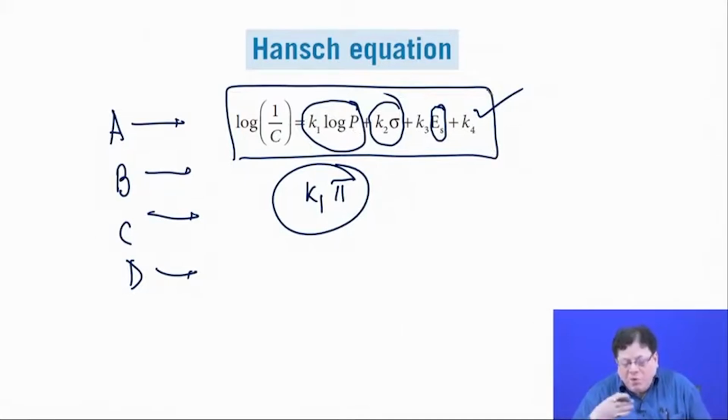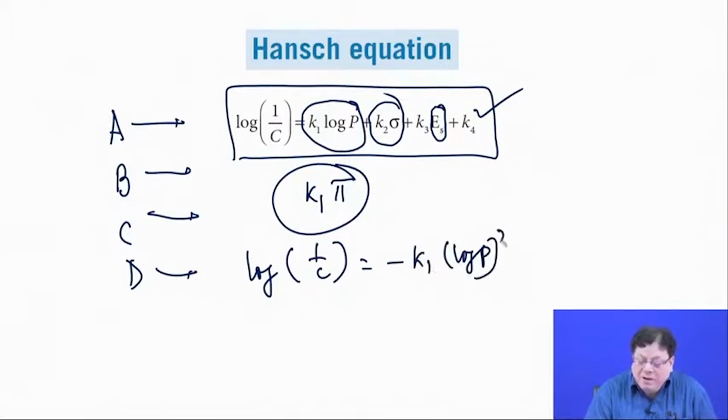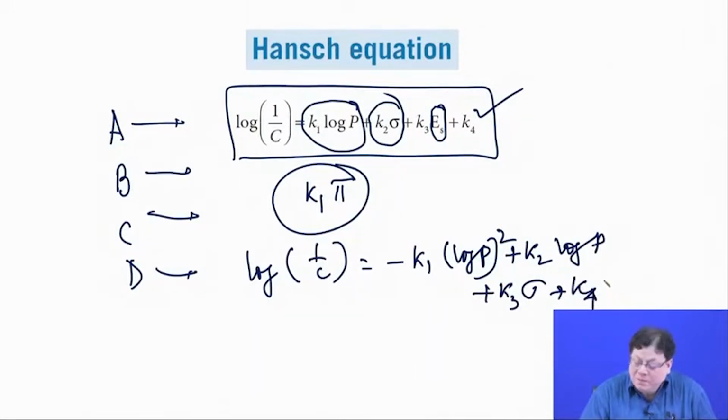You can make it more accurate by doing that 1 by C is equal to say minus k 1 log p square plus k 2 log p plus k 3 sigma plus k 4 steric plus k 5.